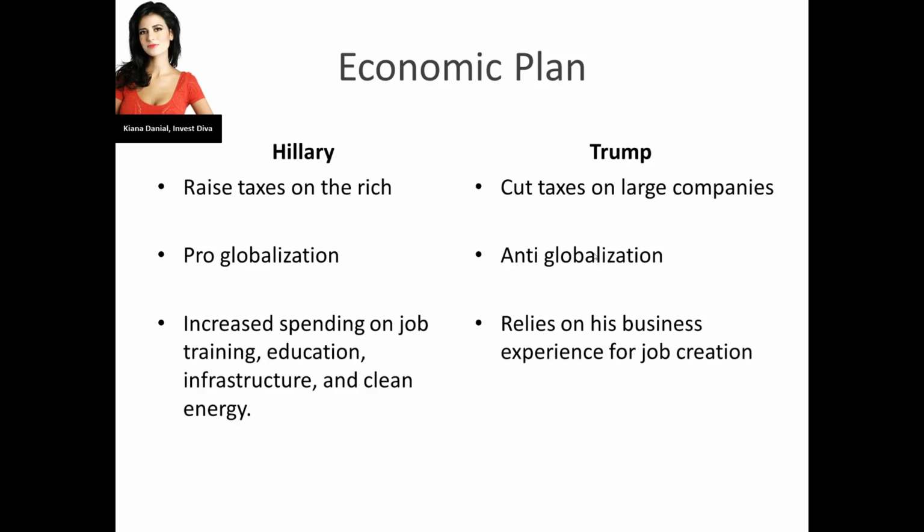She also wants to create a route to citizenship for immigrants in the U.S. illegally. And 65% of the economists also say that the next president has to be more open to free trade, exactly the opposite of what Trump has been preaching on his campaign trail, which has been basically anti-globalization.